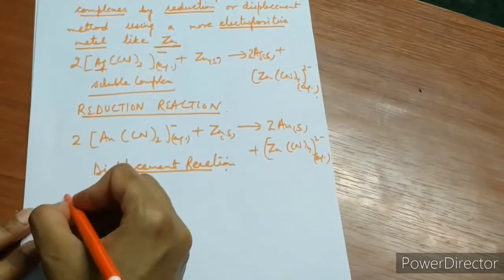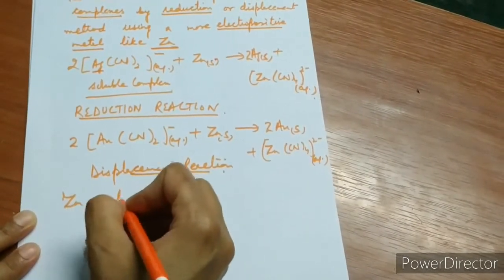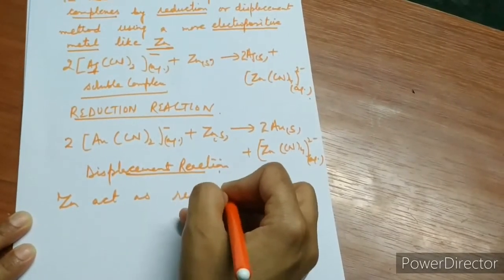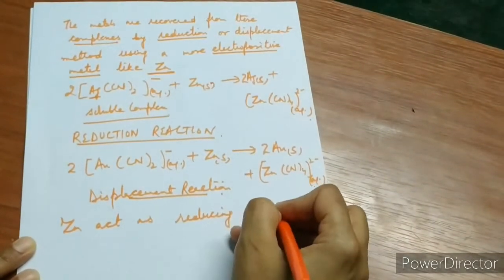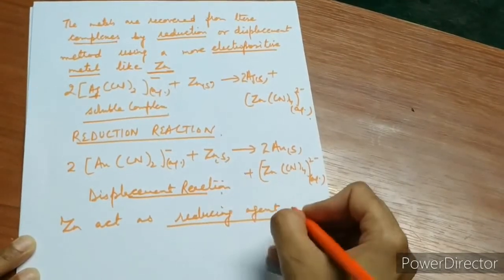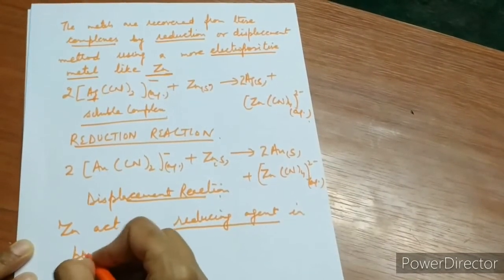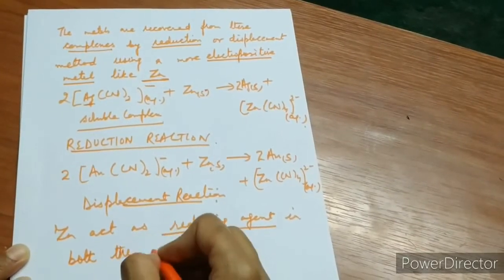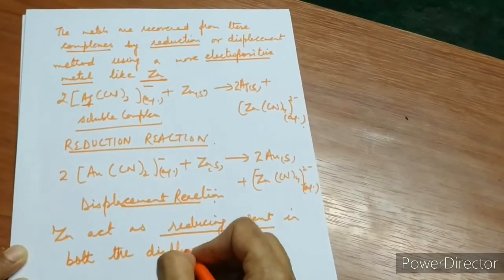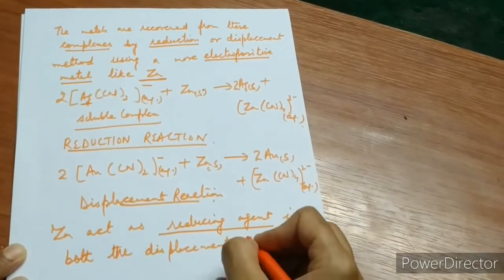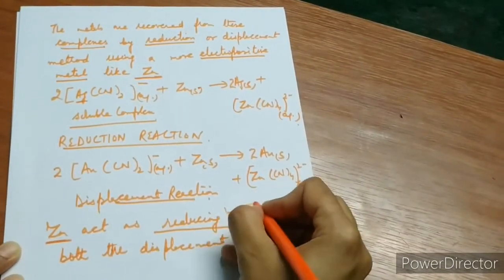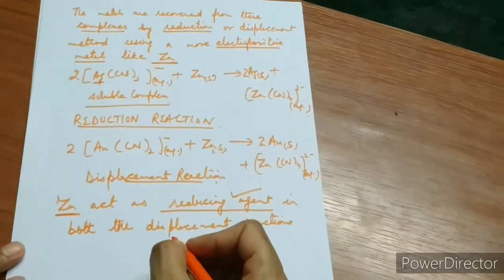So zinc here acts as reducing agent in both the displacement reactions. Zinc acts as reducing agent.